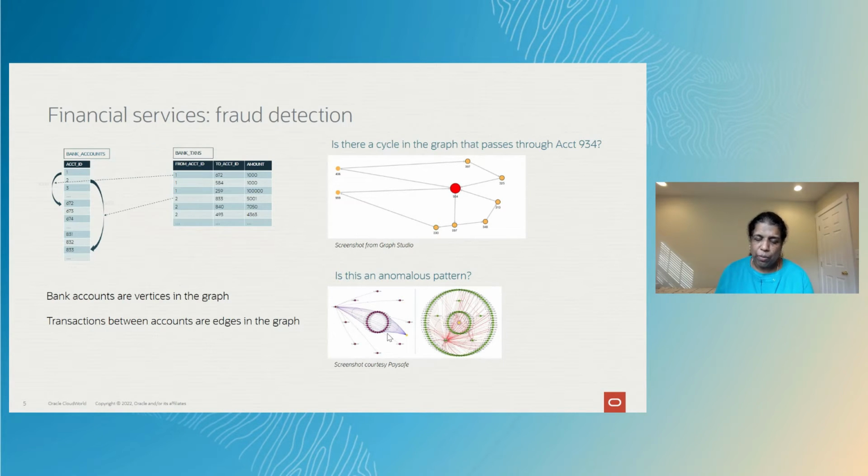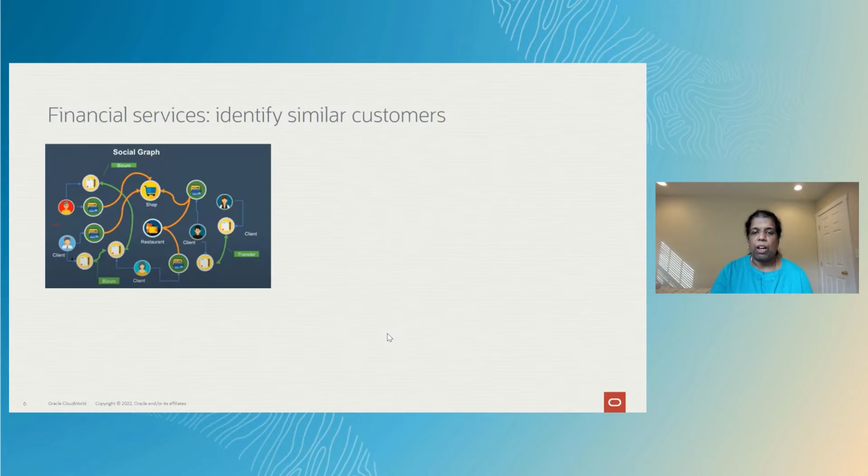Instead of having a direct transfer between 2 accounts, you're going through multiple accounts and so on. And in the screenshot on the right, it's once again lots of accounts, but relatively few source and destination accounts when it comes to cash transfers. So these are anomalous patterns that you can identify or uncover by running graph queries, and we'll be seeing a few examples of that as well. And then this is something that alerts you to specific accounts that you need to investigate further.